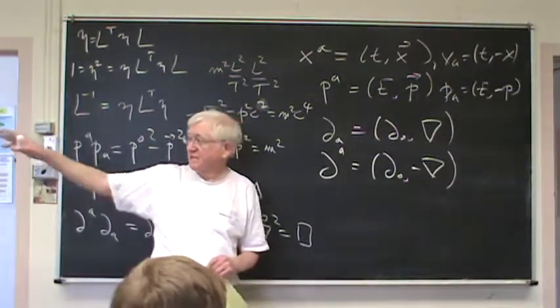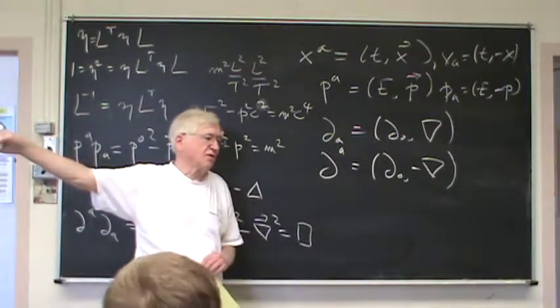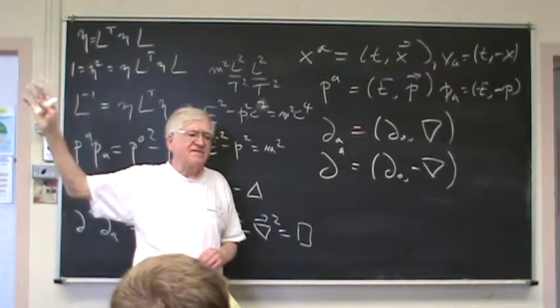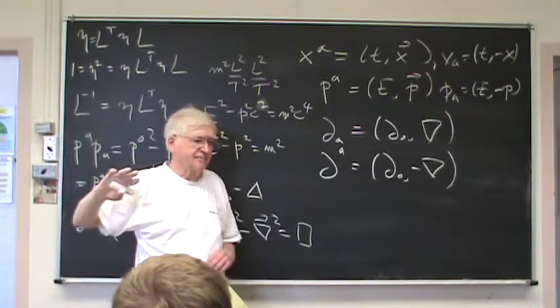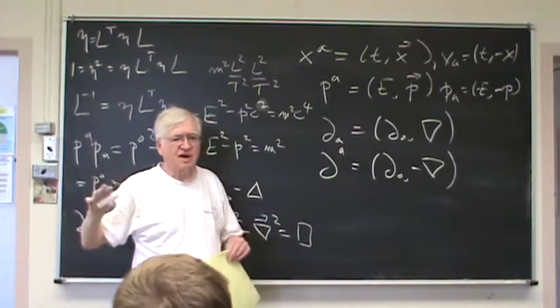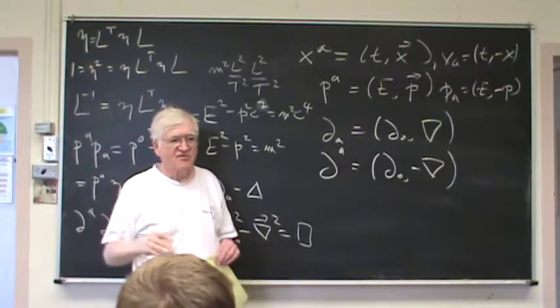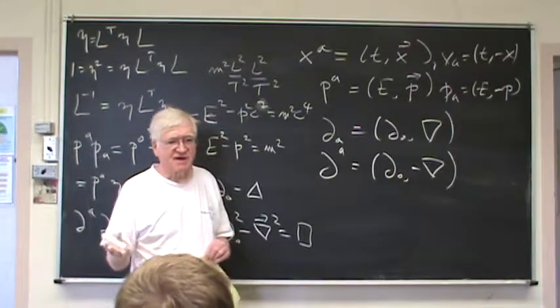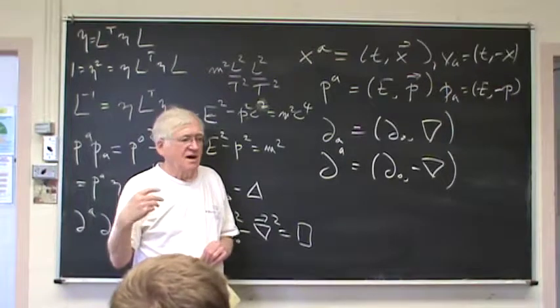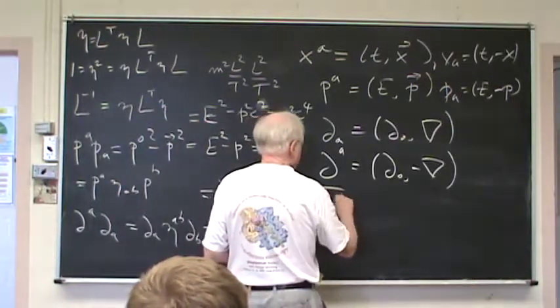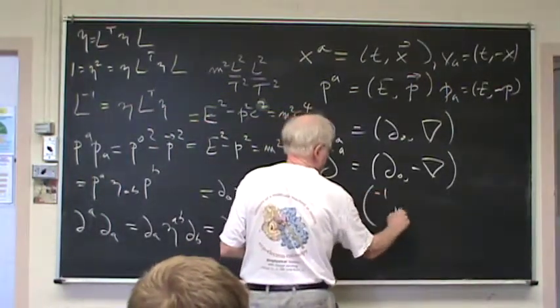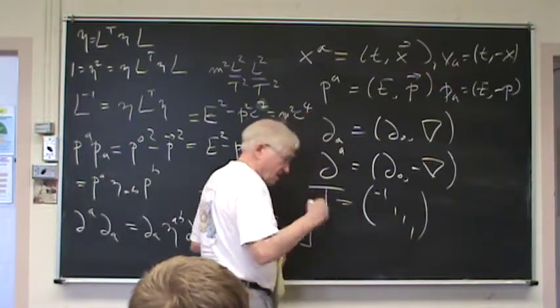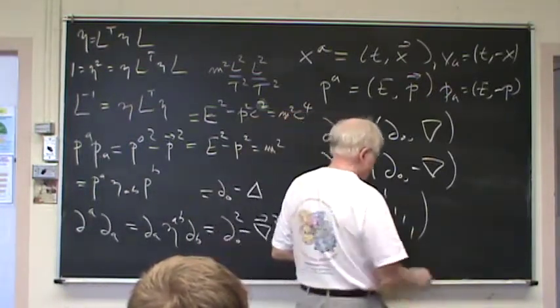So we've been talking about the ordinary Lorentz group. The part of it that's connected to the identity is called the proper orthochronous Lorentz group. Orthochronous means we don't screw around with the sign of time. If you want to screw around with the sign of time, you use this, minus 1, 1, 1, 1. That's the time reflection or time reversal matrix.